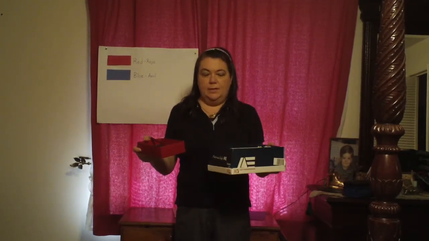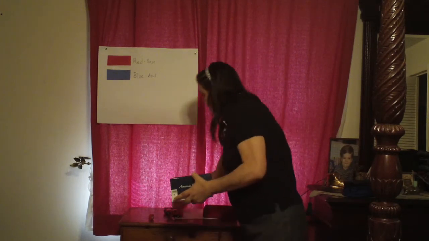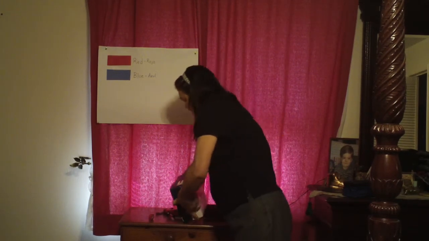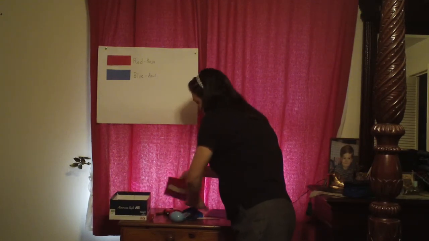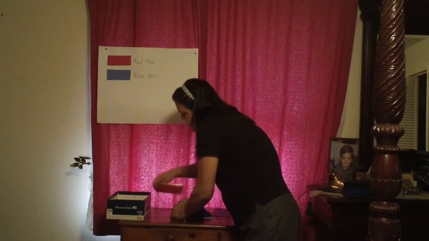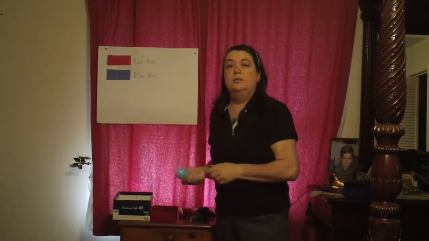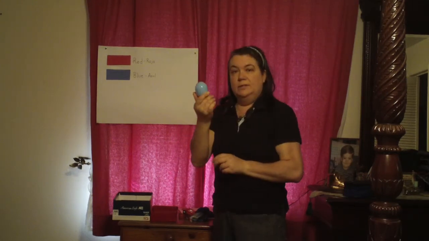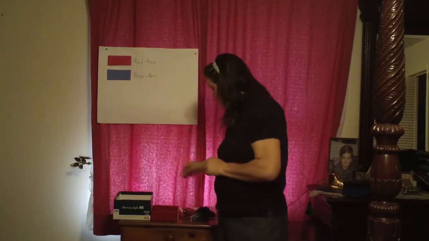So for center time, we are going to put all of the items in one area like this. And we're going to have the blue box, the red box. And you are going to sort the colors. What color is this? It is blue, so it goes in the blue box.